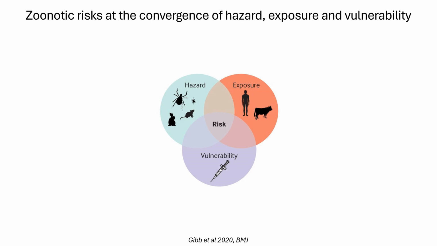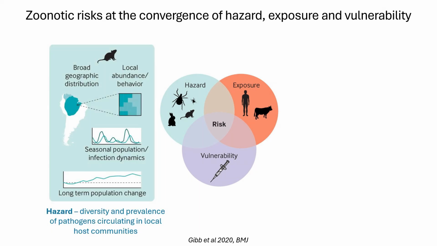And this is a neat conceptual device for thinking about how social and ecological processes contribute to realized risks. And over the next half an hour or so, I guess we'll try and disentangle some of that and think about the evidence that we have for these different drivers.